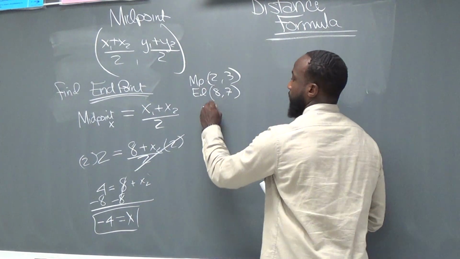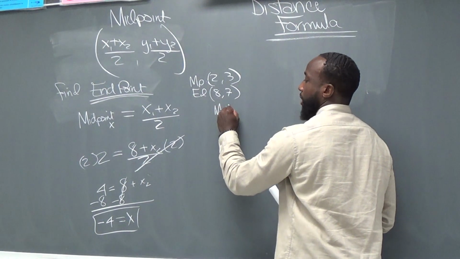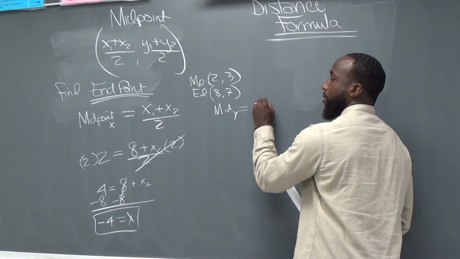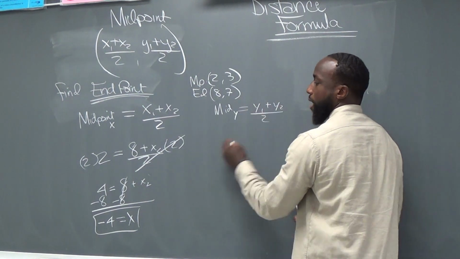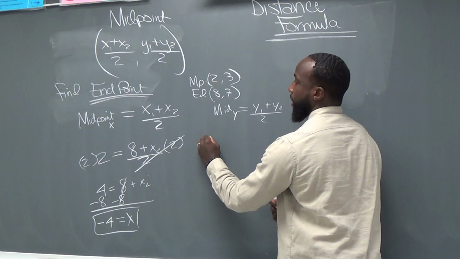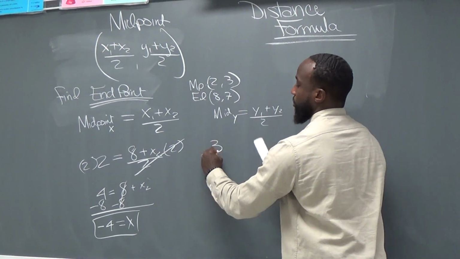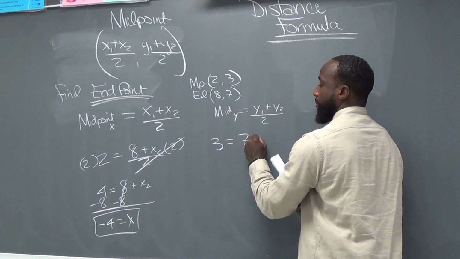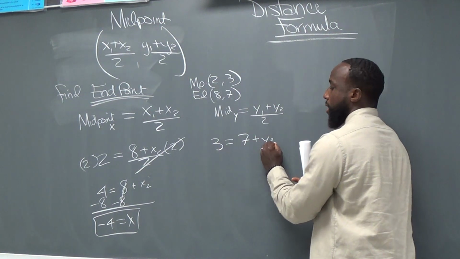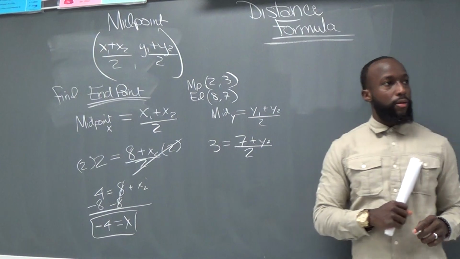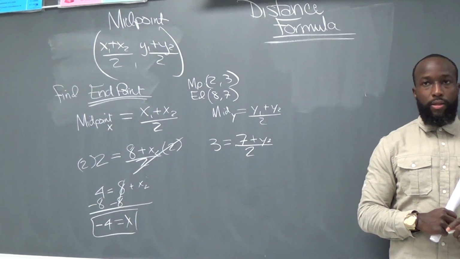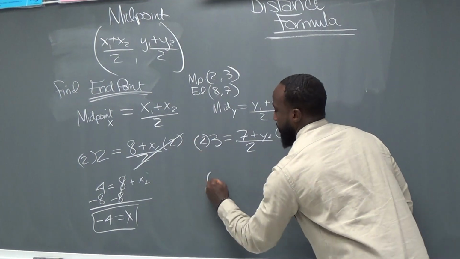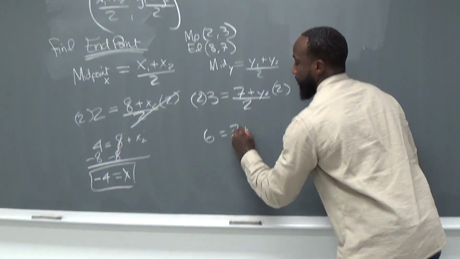All right, so we take the midpoint of the y, and we set it to y1 plus y2 over 2. So we have the midpoint 3 equals 7 plus y2, the unknown y, all over 2. All right, multiply both sides by 2, so I have 6 equals 7 plus y2.